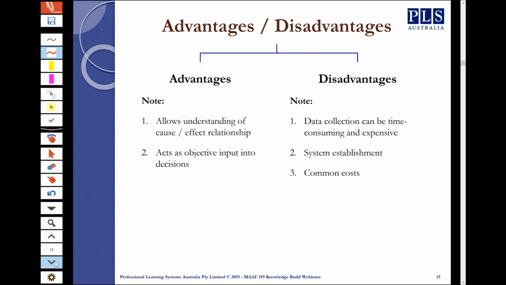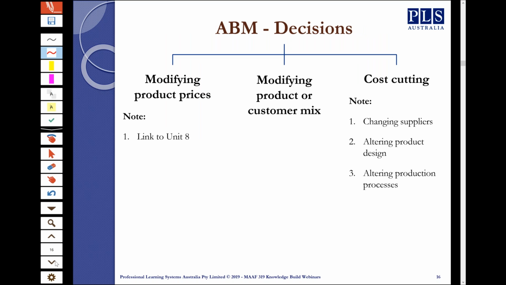I would also suggest, however, that as you engage in this area, should the Institute ever reference activity-based management, that is quite simply taking activity-based costing information and making decisions based on it. So you'll find that we can talk about modifying product prices, modifying product or customer mix, and we can look at our cost-cutting area. So again, if you're looking at this in an exam environment and going, well, how might they consider it?